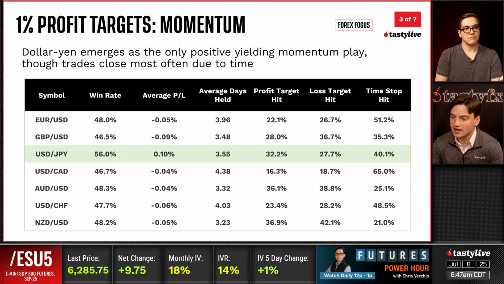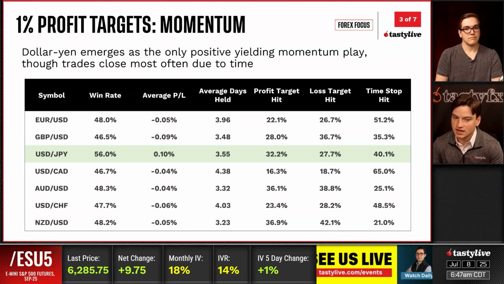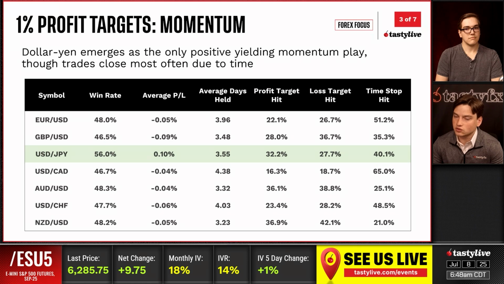And so to me, that spells out that if you are looking for just trading within 5 days, already I can see that this 1% price target or stop loss is a little bit wide because you're getting stopped out due to time a lot more frequently than not. Is there anything else you see from this table here?